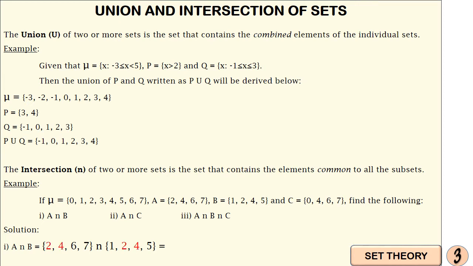When we do this, we realize that 2 and 4 are elements that are common to both sets. Therefore, 2 and 4 are the elements of A intersection B.